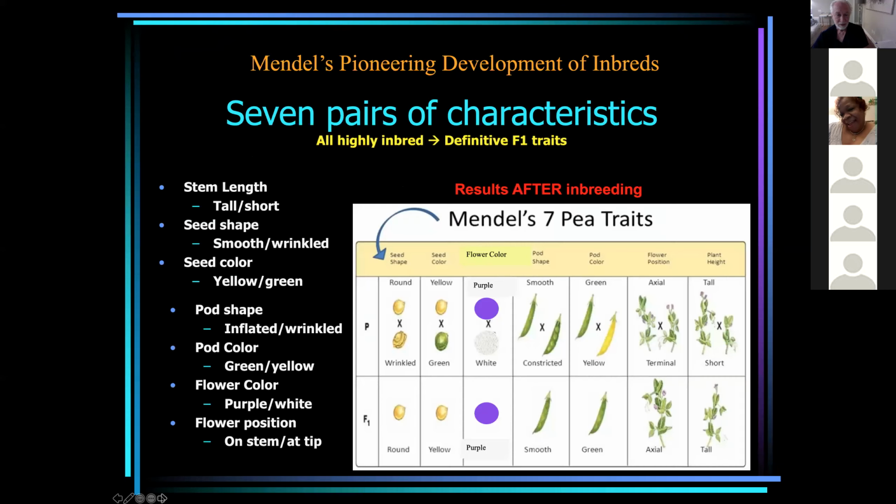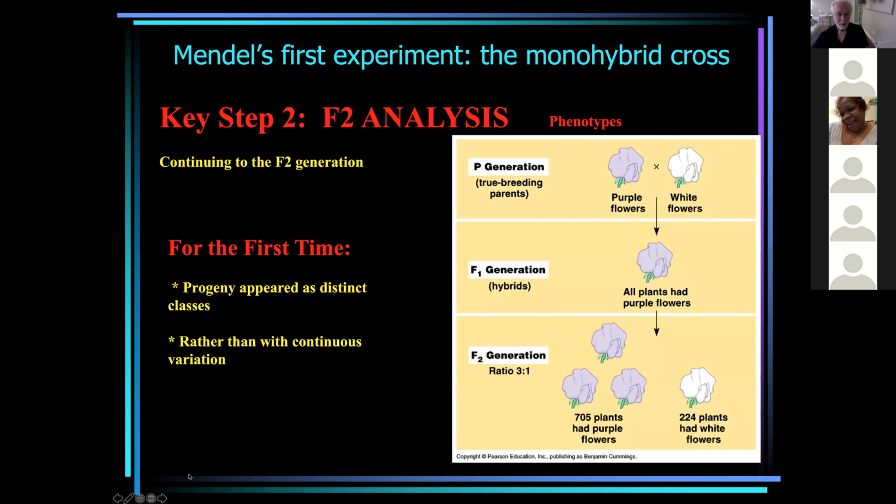And now he's going to do key step number 2. So he took a plant that was now homozygous for purple flowers and crossed it with one that was homozygous for white flowers. That means they're highly inbred. And we looked at the progeny, they're all purple.